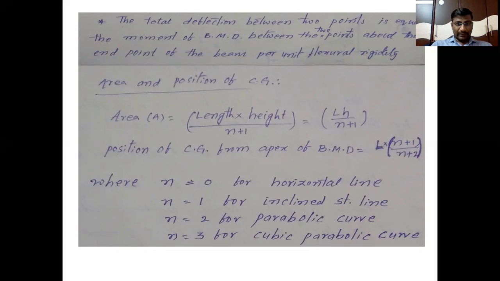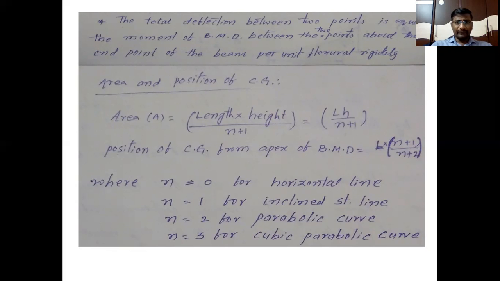If the bending moment diagram is an inclined straight line, then n can be taken as 1, and n equal to 2 for parabolic curve, and n equal to 3 for cubic parabolic curve. So n varies from 0 to 3. It depends on the type, the shape of the bending moment diagram.